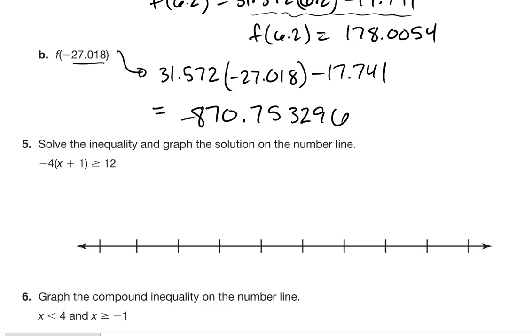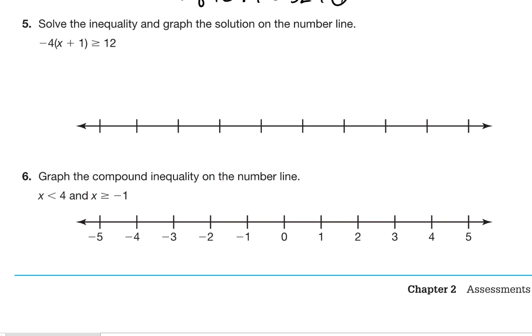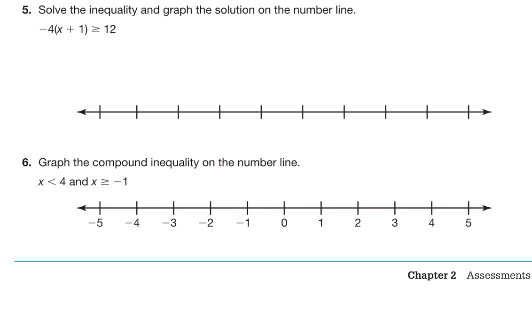Number 5. Solve the inequality and graph the solution on the number line. Fabulous. This is not an absolute value inequality, it's just an inequality. I guess I'll use the distributive property first. I could decide to divide both sides by -4 first, but I'm going to go ahead and distribute.